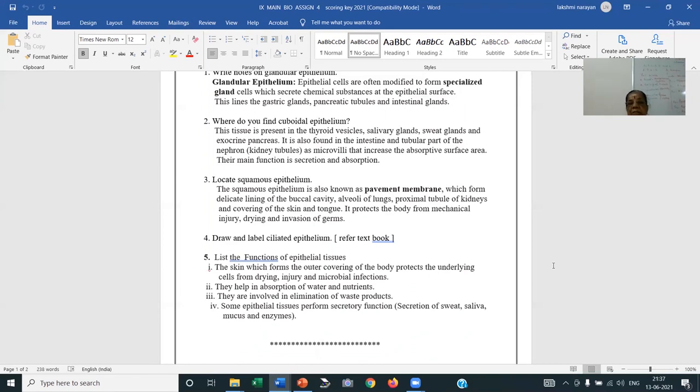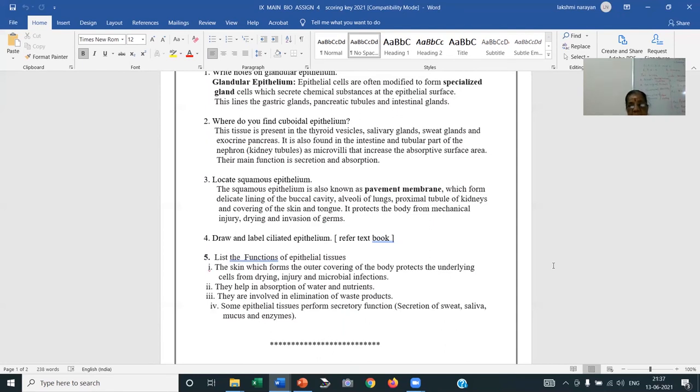It is also known as pavement membrane, which forms the delicate lining of the buccal cavity and the alveoli of lungs. Lungs are formed with the air bubble-like structure, that is alveoli. Proximal tubule of kidney: what is it? Nephron.